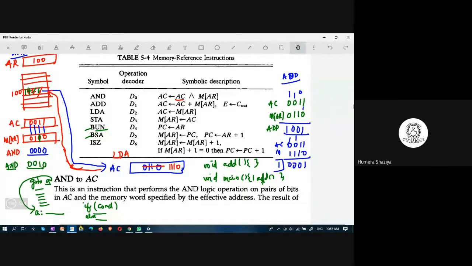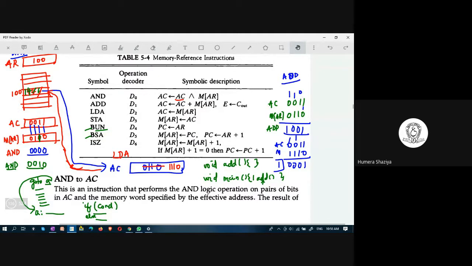ISZ is increment and skip if 0, that is D6, that is 110. In this, what happens? The memory word specified by the AR would be incremented. And then if M of AR plus 1 equals 0, after incrementing, if it is evaluating to 0, the operation that is performed is increment of the PC, means skip the next instruction.